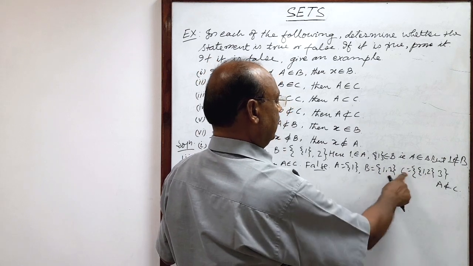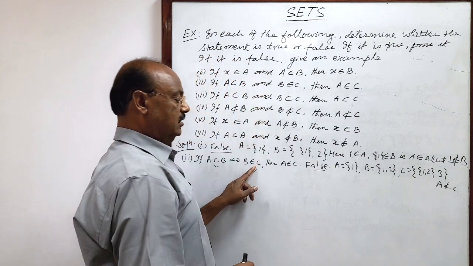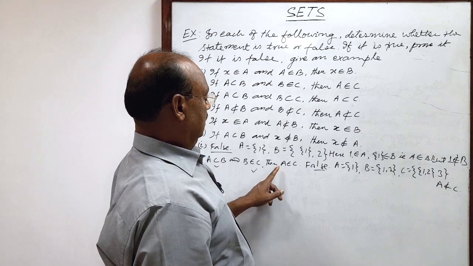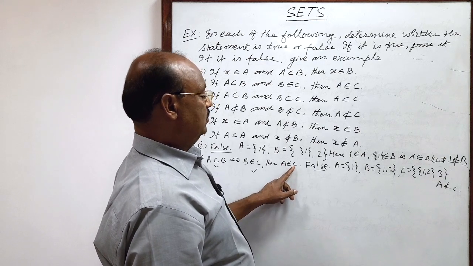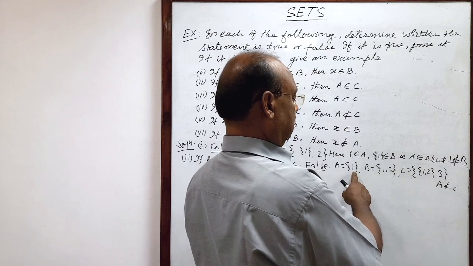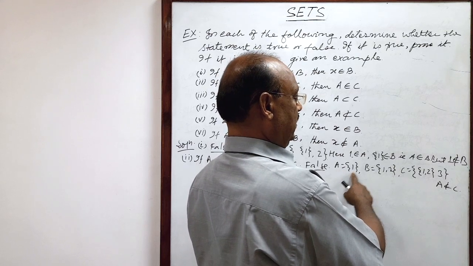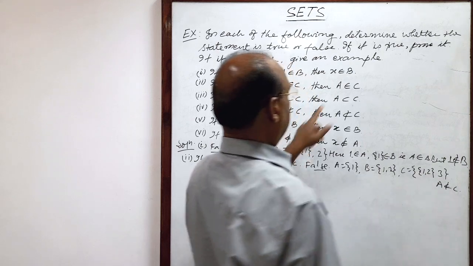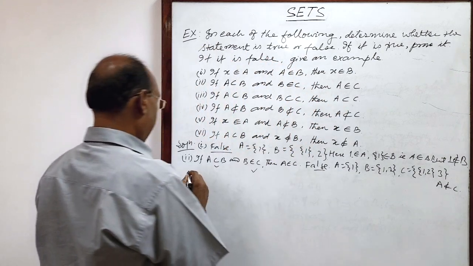This proposition is correct. Then whether A belongs to C or not. But what we find here is that A, a singleton set having element 1, is not belonging to this set C. So this is false.